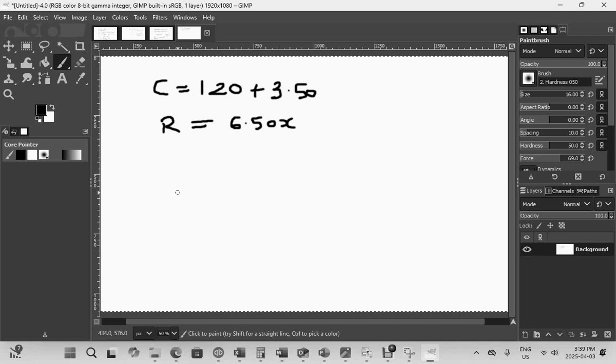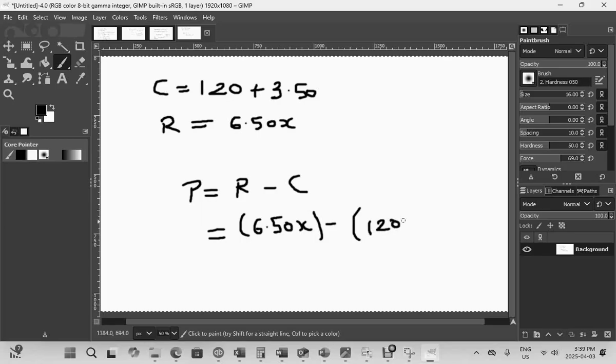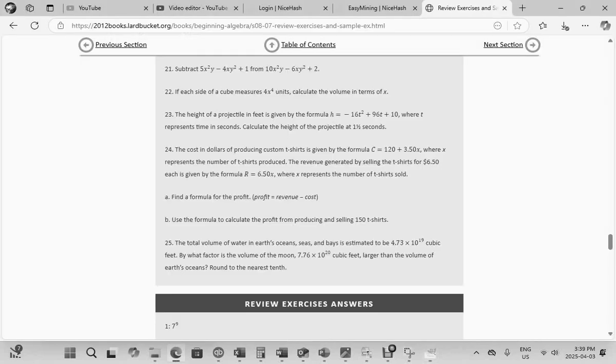All right, so we know that gross profit, or profit in general, equals revenue minus cost. So we'll sub in the values for cost and revenue. Revenue is 6.50x minus your cost, which is 120 plus 3.50x.